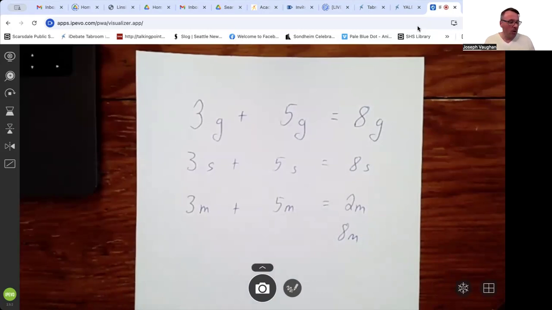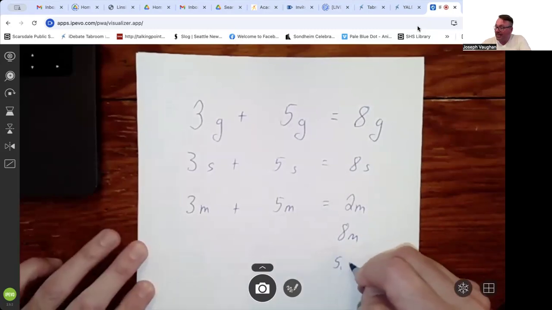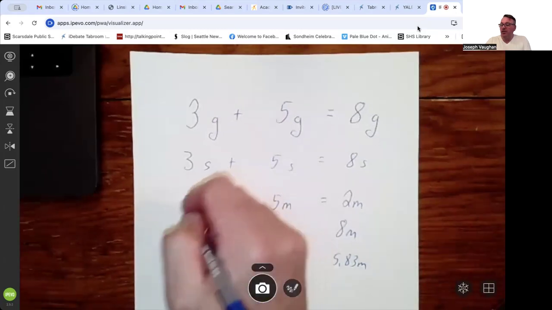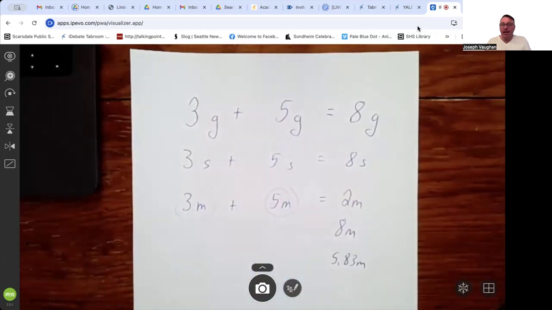Not that we should know what radical 34 meters is, but just throwing that in my calculator for half a second here, that's 5.83 meters. That's how far I am from where I started. So that is an acceptable answer for this problem, right? Because the direction of these quantities mattered in terms of the mathematical outcome. And that's what I'm talking about with vectors.